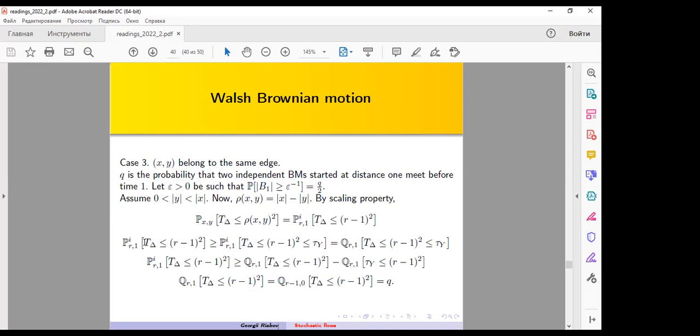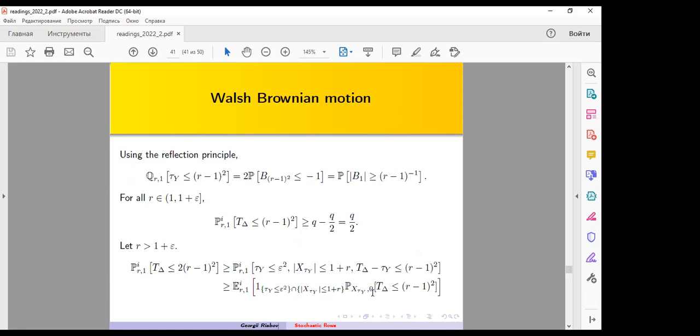Now, I estimate this probability by the probability that processes meet before time (r minus 1) squared, and during this time y didn't hit zero. Then I can replace them with usual Brownian motions and get the following estimate. Now here the first expression is exactly Q, and the second expression is bounded by Q over 2.